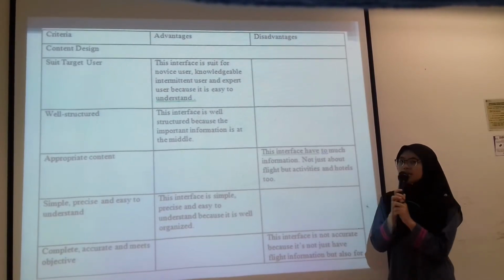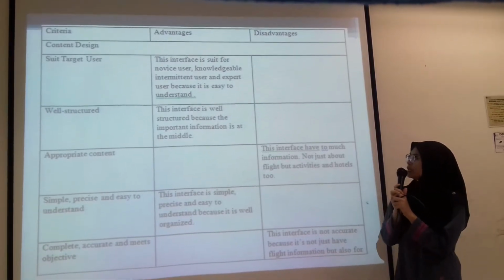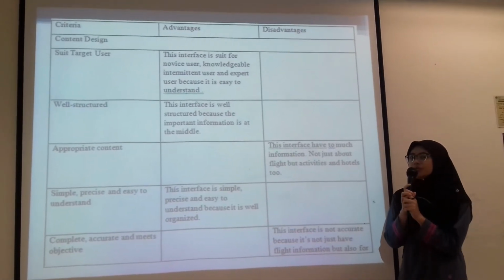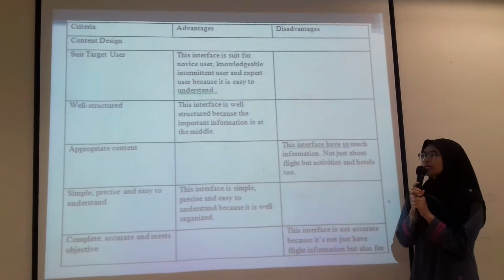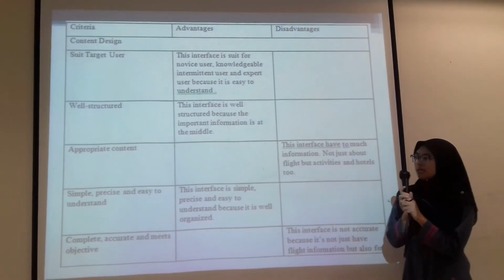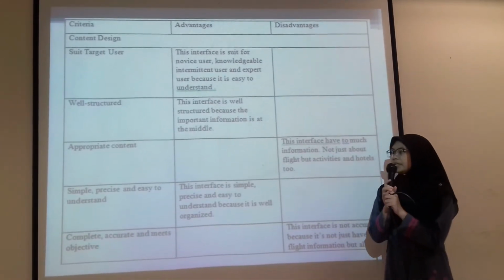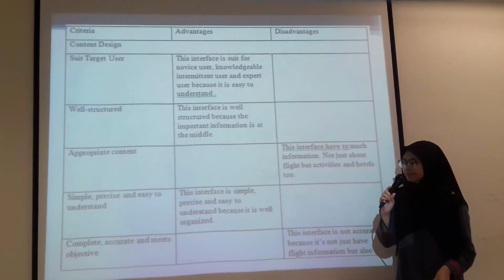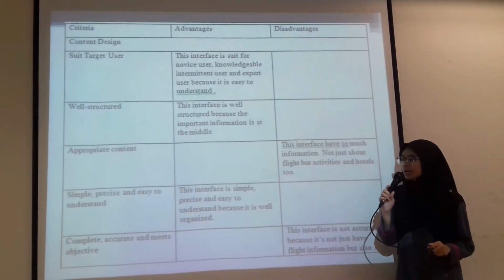And then, is it appropriate? No, because it has too much information, and not just about the flight, but also activities and hotels. After that, is it simple, precise, and easy to understand? Yes, because it is well organized.